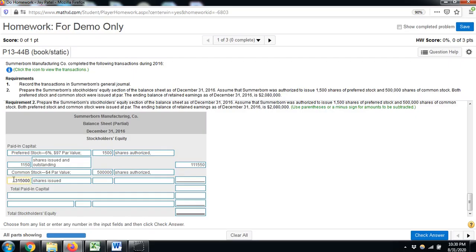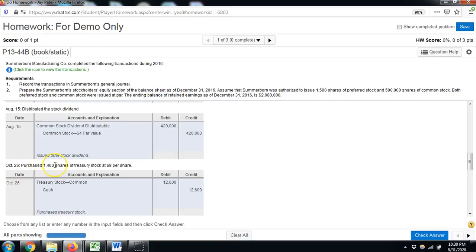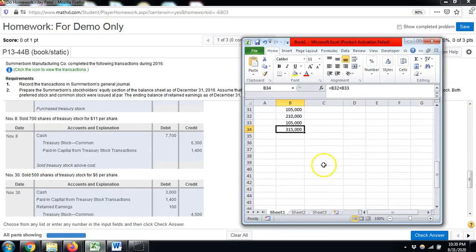So 315,000 shares were issued, but then remember we did some treasury stock transactions. So we bought 1,400, and then we sold 700, and then we sold another 500. So 1,400 minus 700 minus 500 means we have 200 shares in our treasury stock balance.